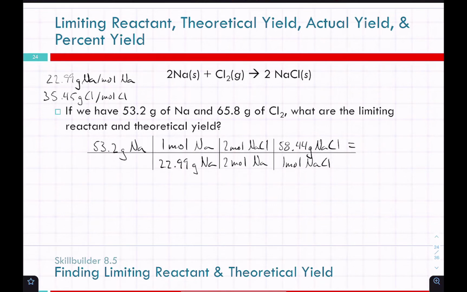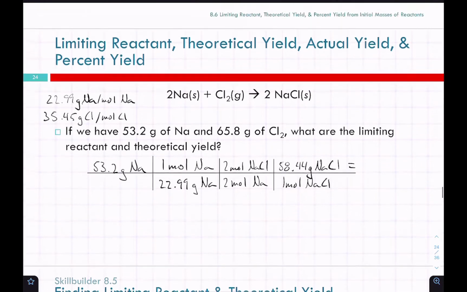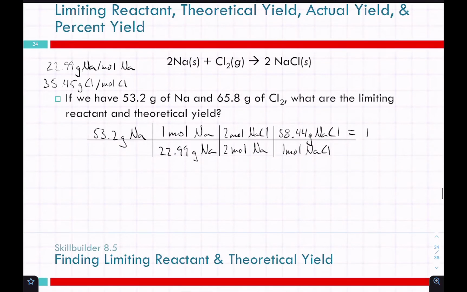So 53.2 times 2 times 58.44 divided by 22.99 divided by 2. And that's going to be 135. I guess that's how many sig figs we have. This should be 1.35 times 10 to the 2 grams of sodium chloride.